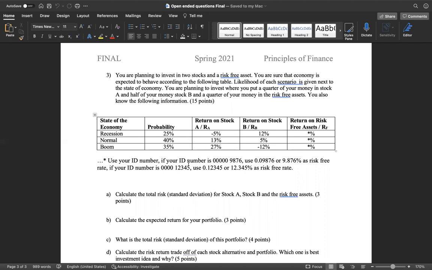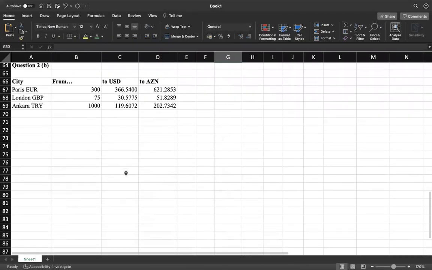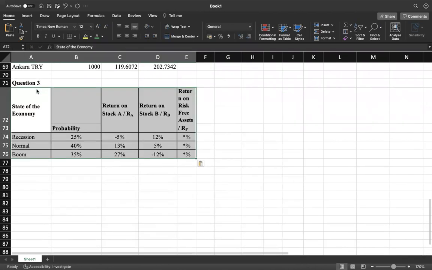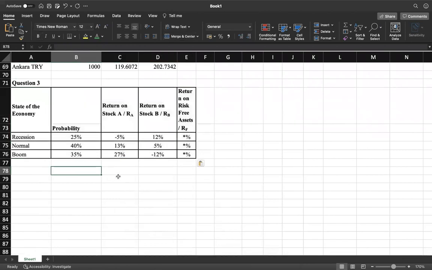So we have this table, and we should use our ID number as a risk-free rate. Let me try to copy this table to our Excel file. So question 3. Oops, what happened there?